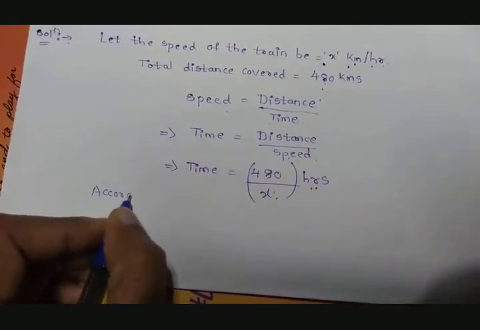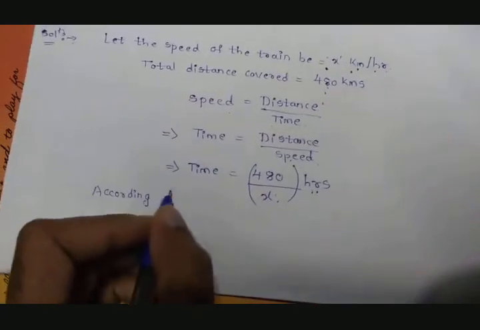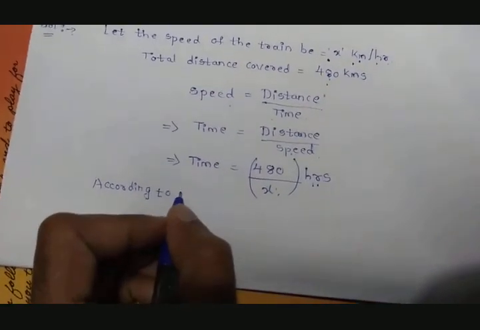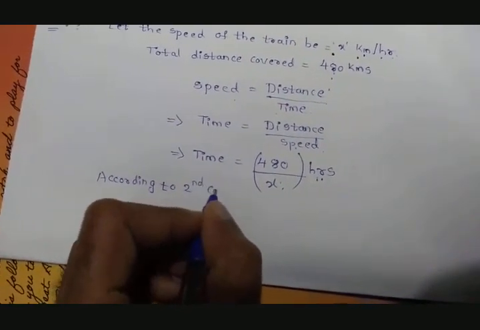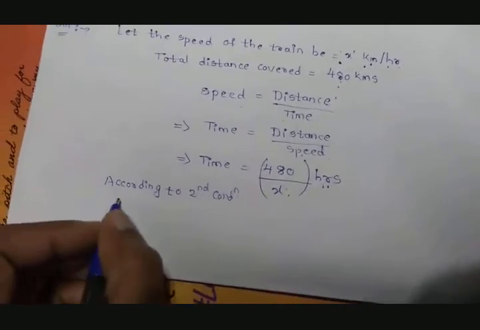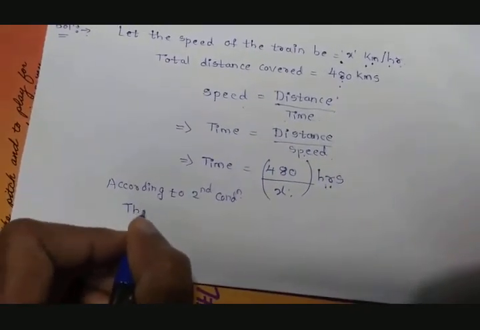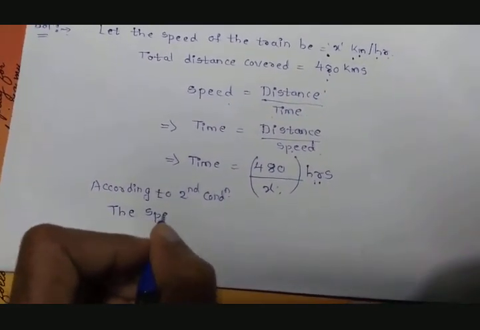According to the second condition, the speed of the train will be 8 kilometers per hour less.